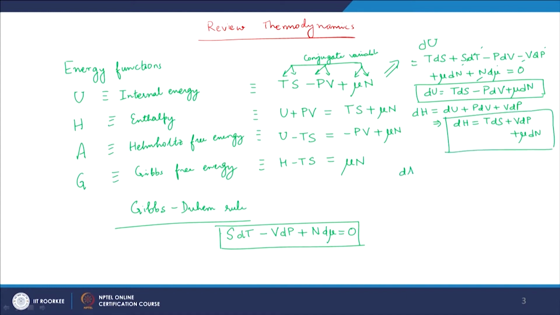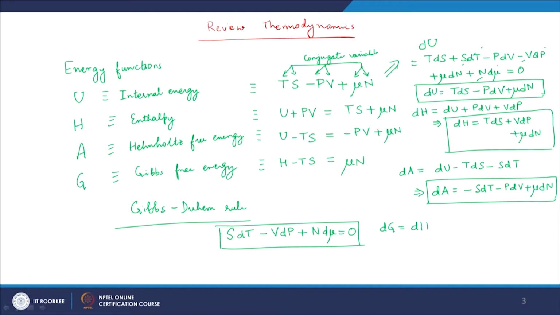Similarly, dA is d of U minus d of Ts, which gives me the corresponding relation. And finally, dG: G is H minus Ts.